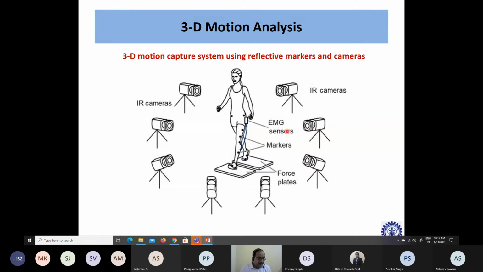Now, 3D motion analysis is a very interesting topic. These topics are themselves big research areas. So you are entering into the real biomechanics world, and you will be fascinated to know how these techniques are employed in measurements of movement science.